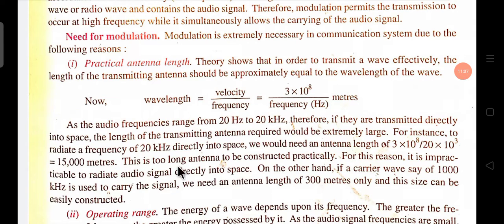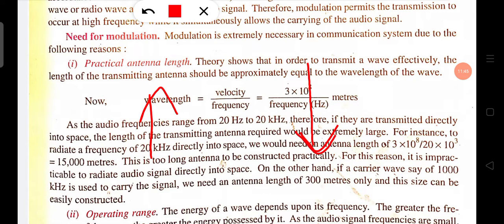So it is too long to build an antenna of that height. 15,000 meters means 15 kilometers. How can we build an antenna of that length? It is not possible. So the ultimate way is to increase the frequency. After that, the antenna height decreases. Whenever we increase the frequency of the signal we want to transmit, the antenna height decreases accordingly.